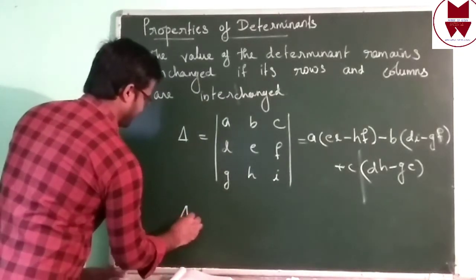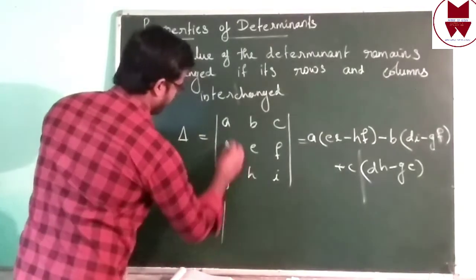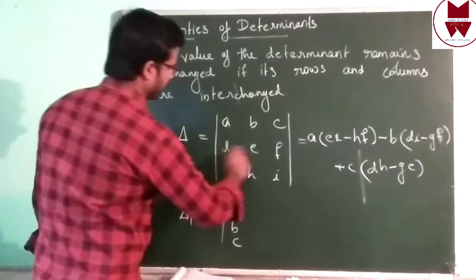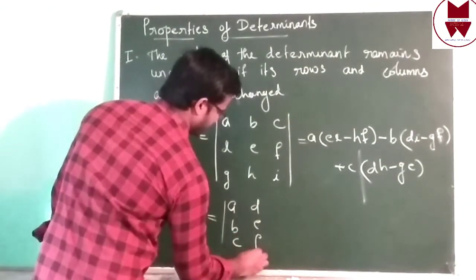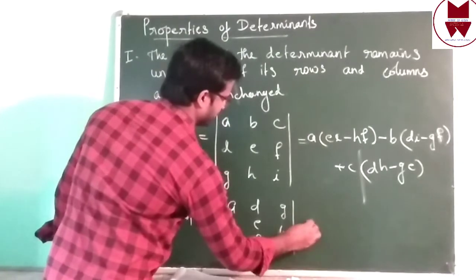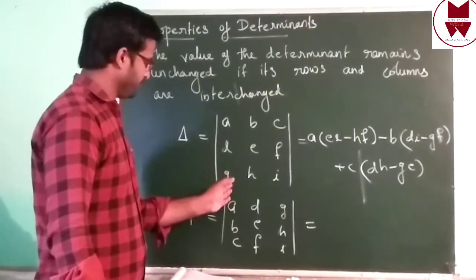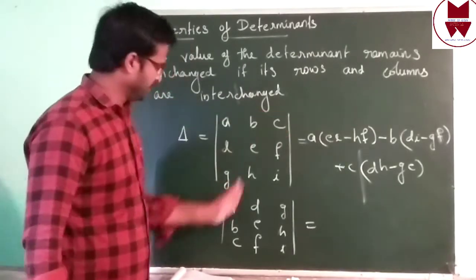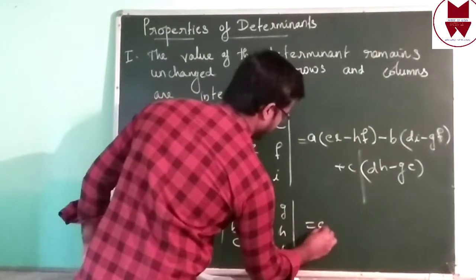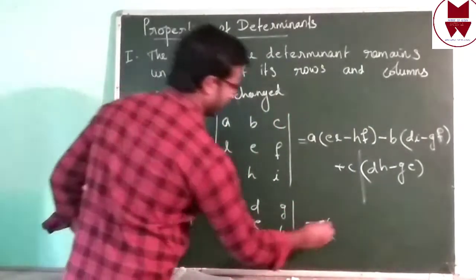Okay, we take delta 1. The first row we make the first column: A, B, C. The second row we make the second column. The third row we make the third column. Can you expand this? Before, we used the first row; here we will use the first column. A into, leave it, EI minus FH.